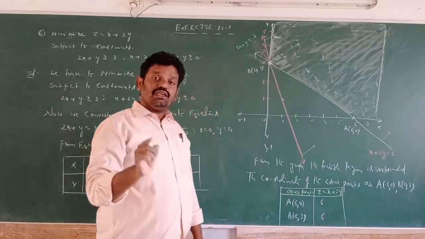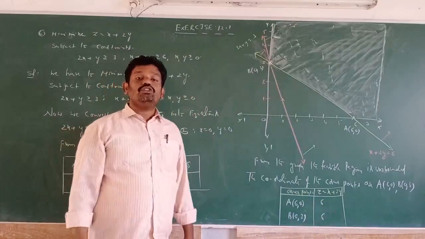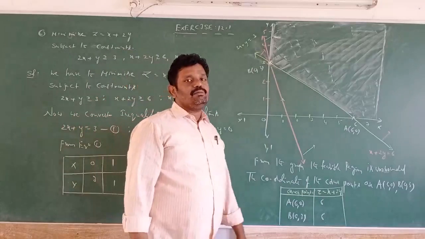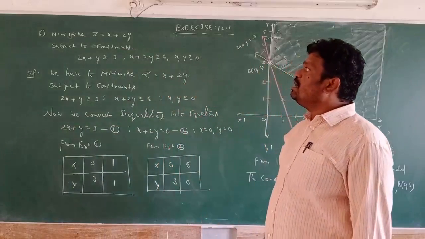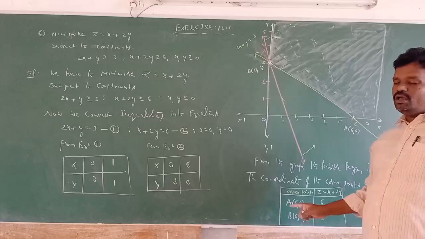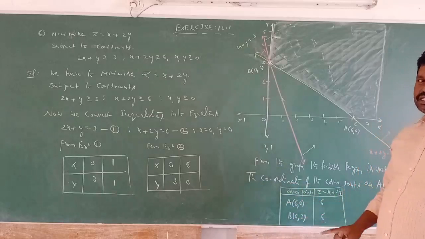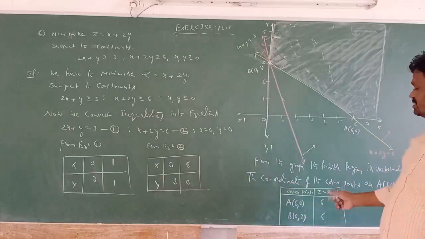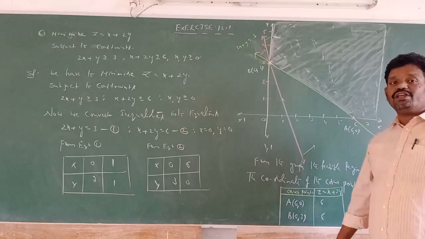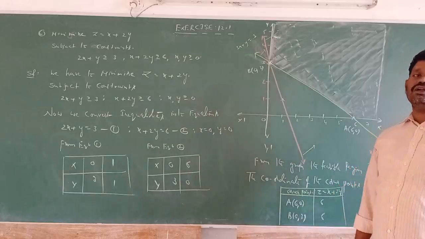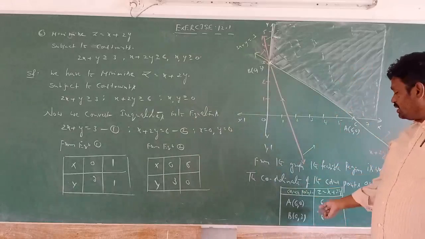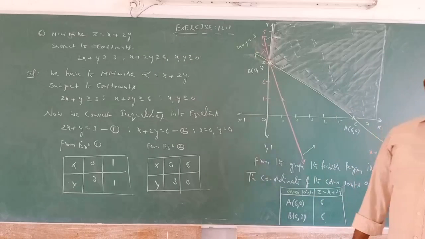Yes, sir. The given region is unbounded, but both values are the same. So the objective function Z has the same value at both points. Whenever you get the same value and cannot identify the maximum and the minimum in the unbounded case, you consider only the minimum value of the given function.